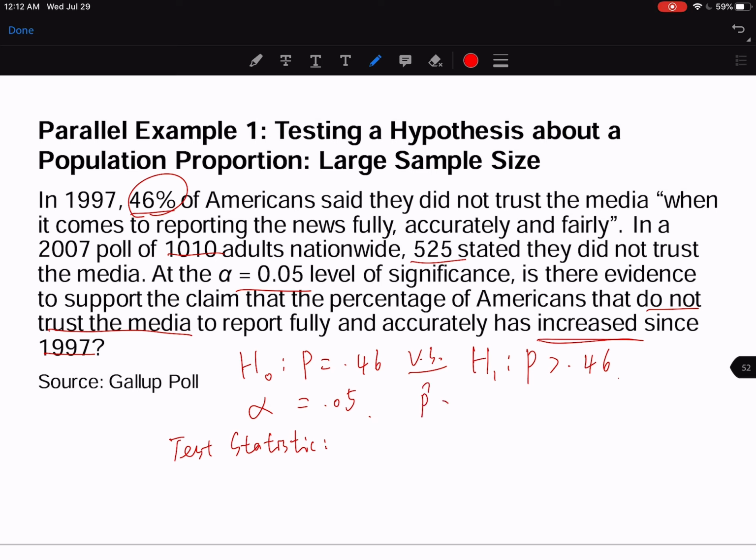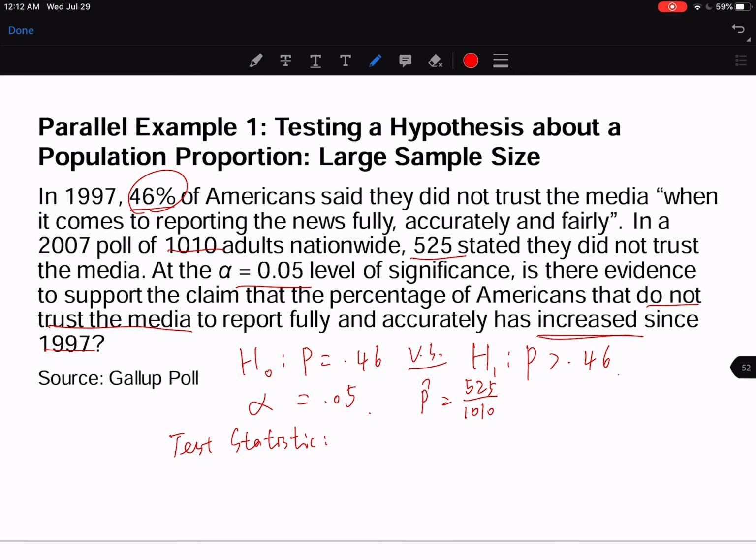P hat is equal to, of course, x over n, which is 525 over 1010. This is pretty straightforward. And then z sub 0 is equal to p hat minus p sub 0 divided by the square root of p sub 0 times 1 minus p sub 0 over n.